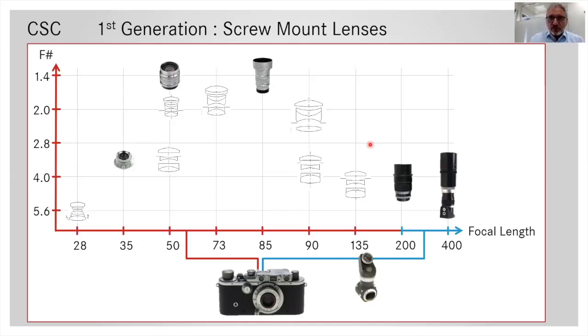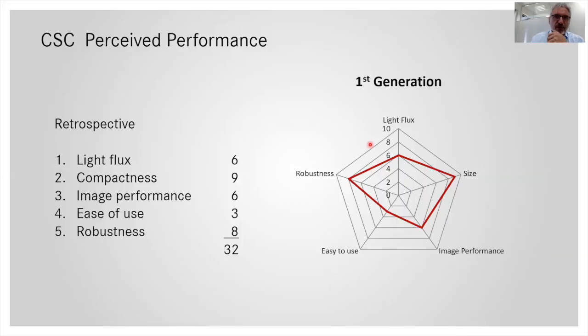If you implement more, you introduce so much ghost and flare that the improvement from adding a lens element was destroyed by ghost and flare on the other side. And that's the reason why always 3 groups of elements were used. And now when we look at the perceived performance, I did the judgment, you can do it yourself, but this is my judgment.